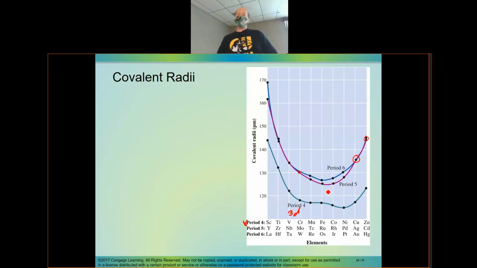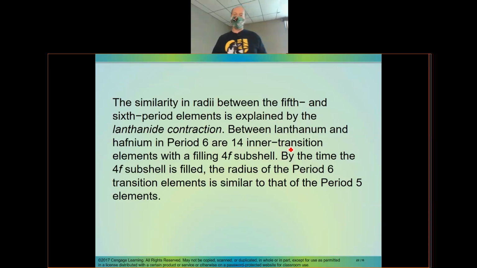All right, so they are not larger like when you see period 4 to period 5. All of the period 5 are larger than the period 4. But when you go from 5 to 6, they're very similar. And the reason is when you're going from 5 to 6, you are filling the 4f subshell. That is the difference.